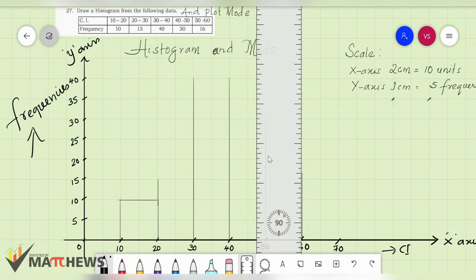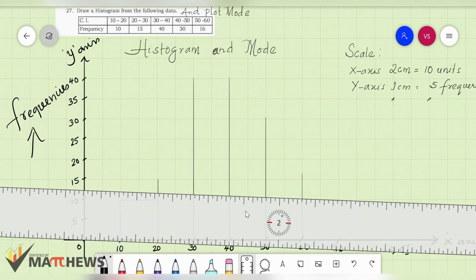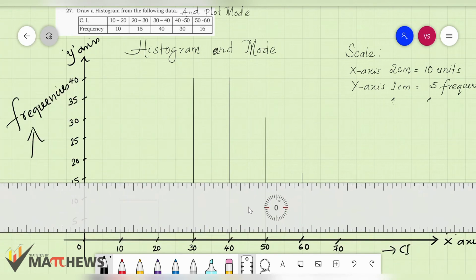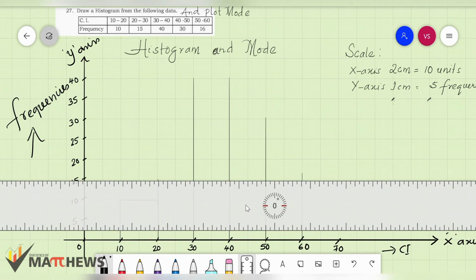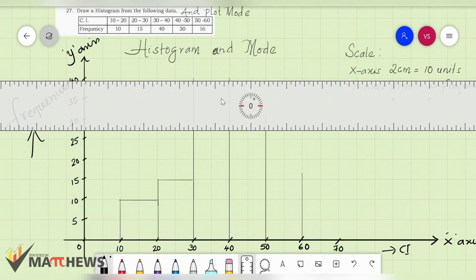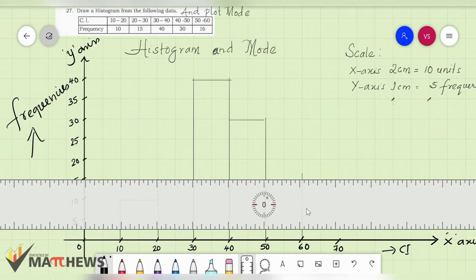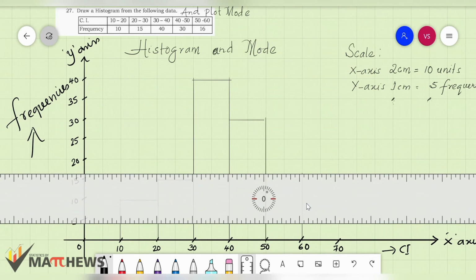Then we'll draw the horizontal lines, joining this, joining this one, join this line, and join this line, the last bar.